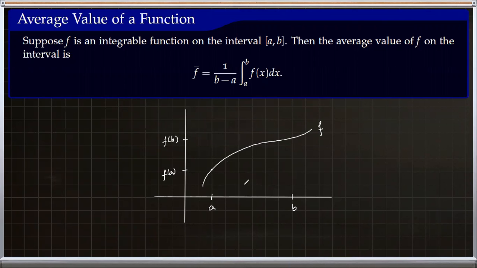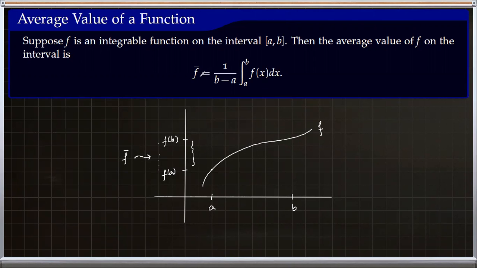We want to find the average value of the function over this interval, which would be somewhere over here between f of a and f of b.